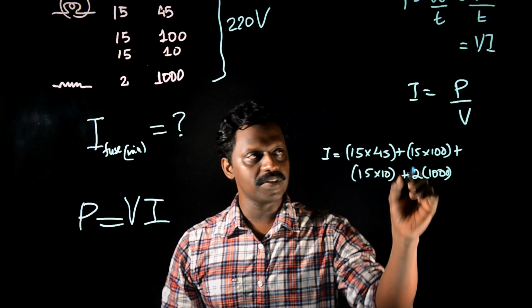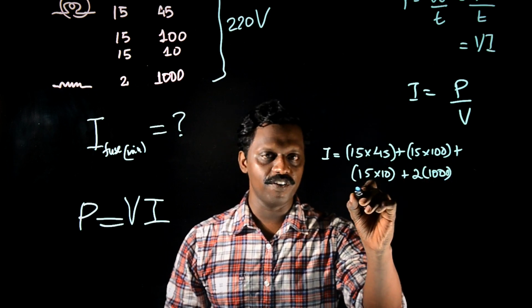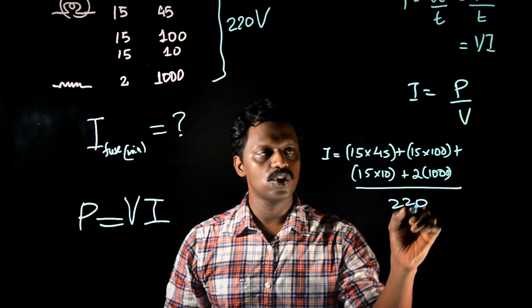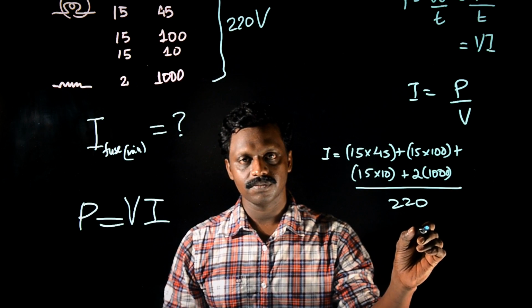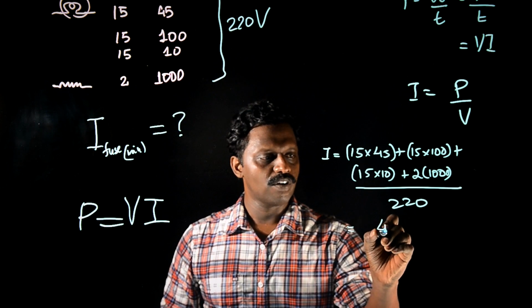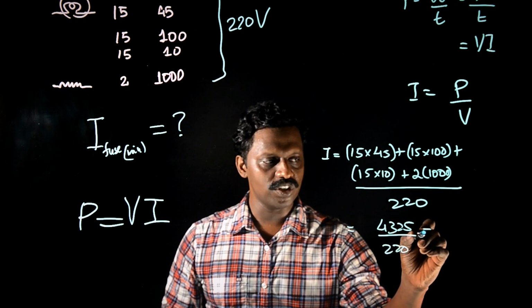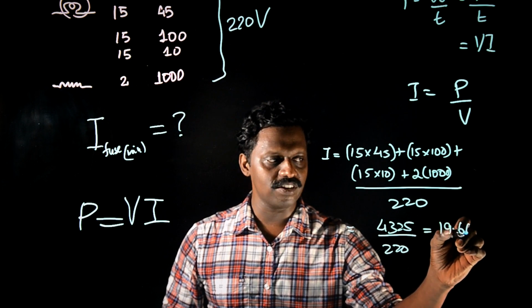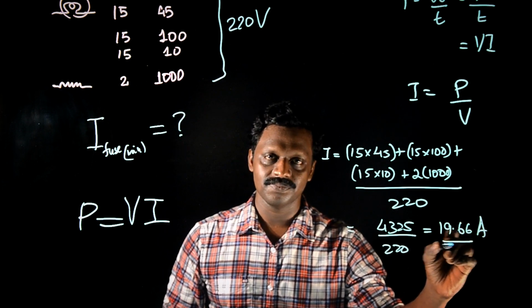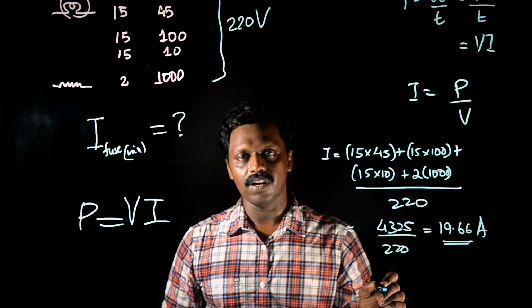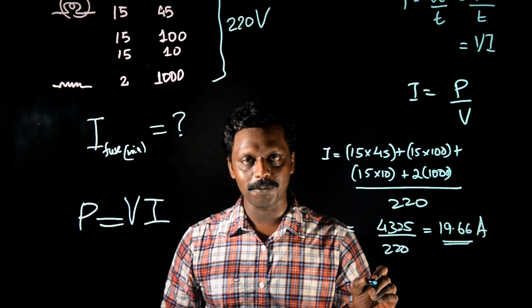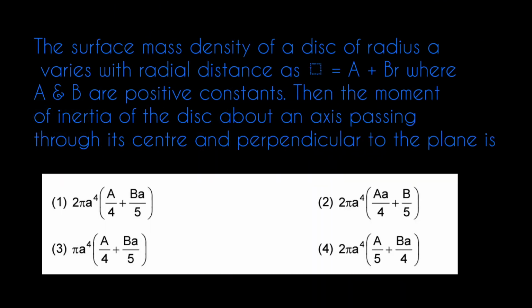So the current minimum is given by the total power divided by the potential difference 220 volt. This yields 4325 divided by 220, which is equal to 19.66 ampere. Now, from the given options, the best option is 20 ampere.